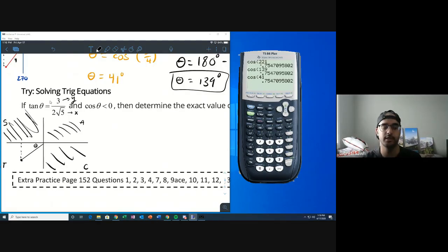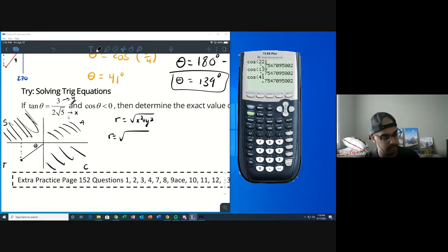Remember what the tangent ratio does. Takes the opposite of y, divides it by the adjacent. So my opposite is 3, my adjacent is 2√5. I can use that Pythagorean theorem to find that hypotenuse. Okay, so r is going to be square root x squared plus y squared. Fill in your information.